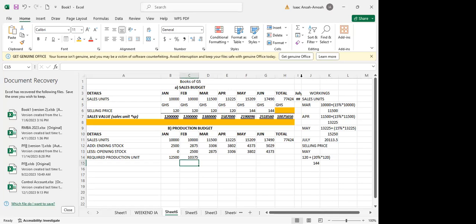I'm still generating the production unit, and then my required production unit is a simple function, and then my ending stock to sales unit.